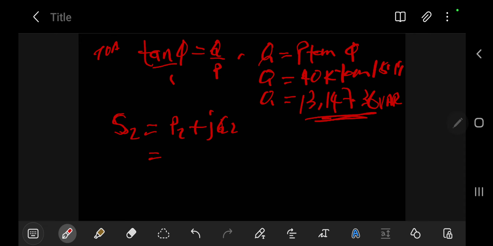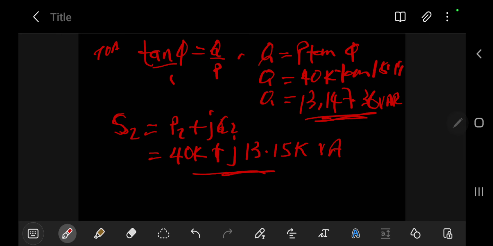We've been given P2 to be 40K, plus jQ2, which, if you divide by 1,000, is 13.15K, and it is in volt-ampere. Okay, so we have the complex power for load 1 and the complex power for load 2.